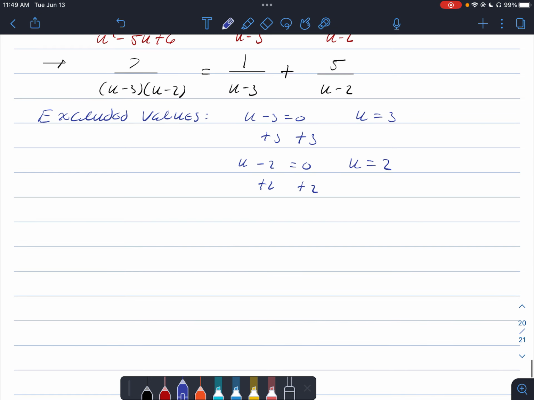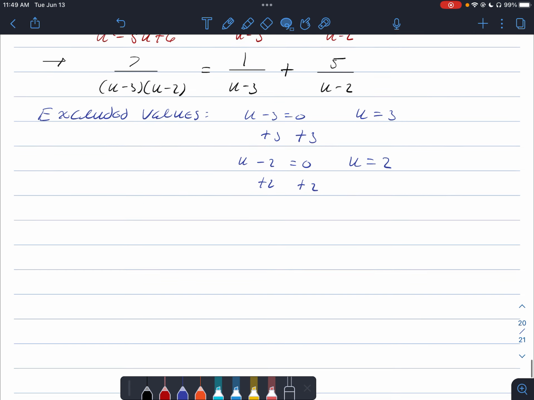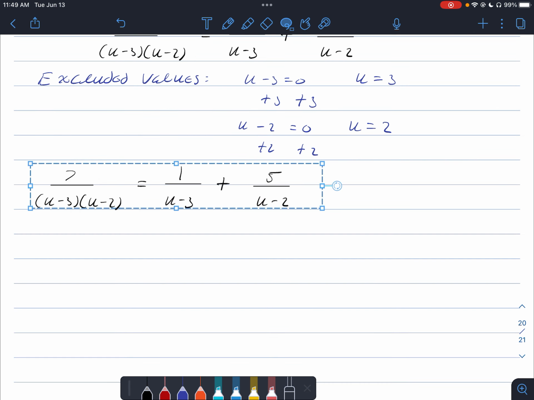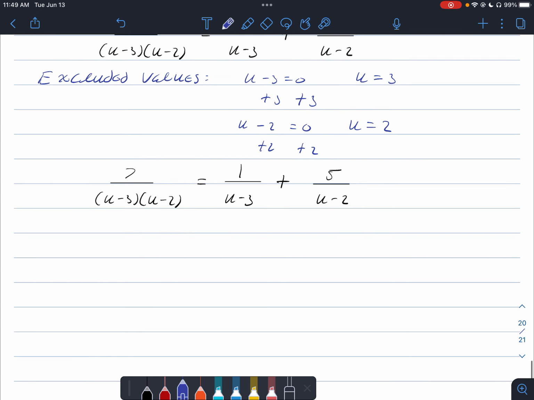All right, so let's go ahead and copy this. Okay, so here, what we want to do is multiply everything by the least common denominator.